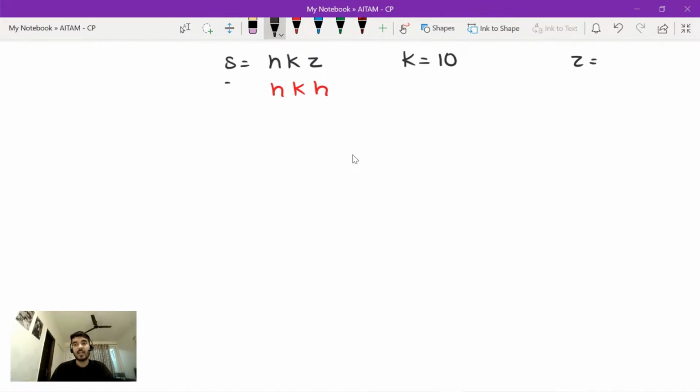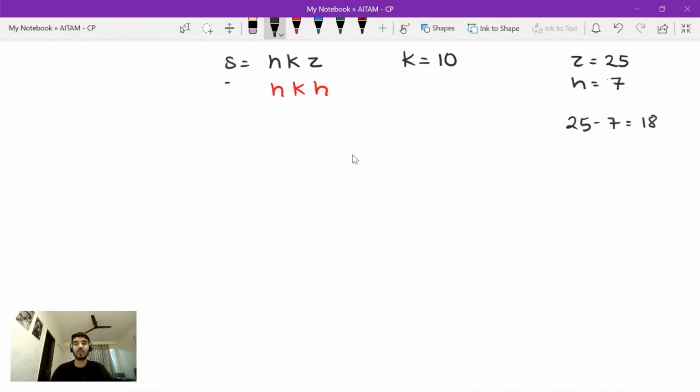The ASCII value of z is 25, and the value of h is 7, if I'm not wrong. Yeah, it is 7. So how many shifts do we require? 25 minus 7, which is equal to 18. Cool. So 18 shifts we require, but we only have 10 shifts. So it won't be possible to convert this z into h using left shift.